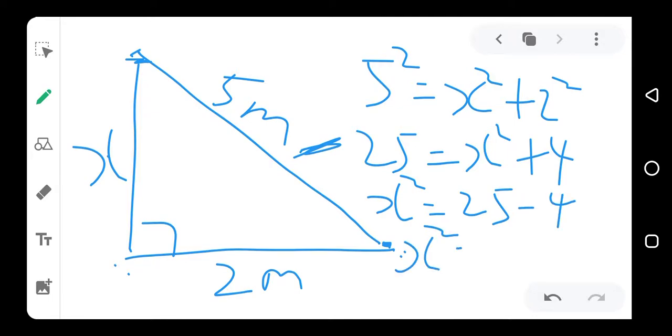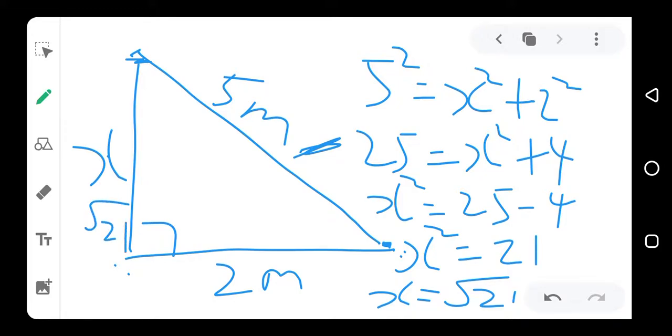X squared is equal to 21, and x is equal to root 21. So this place is root 21. So with this, we can get the height of the house without using any tape.